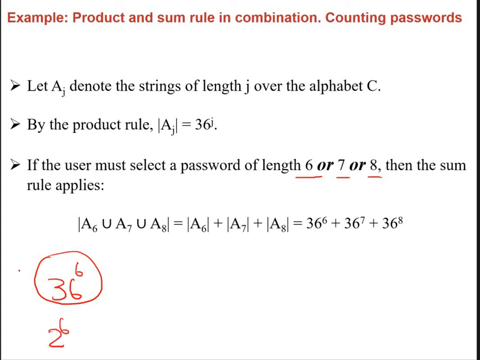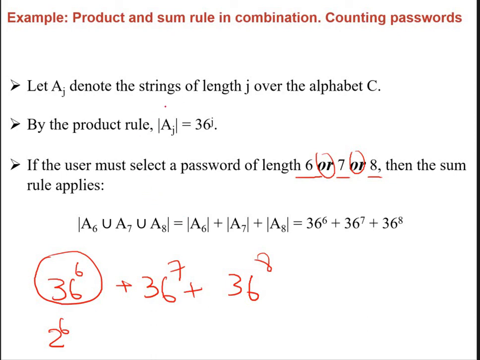But if you have 36 characters, then a string of length 6 gives 36 to the 6 possibilities. And if it has to be either length 6 or length 7 or length 8, you have to add all the possibilities because of that or. So you can see the number blows up really fast.